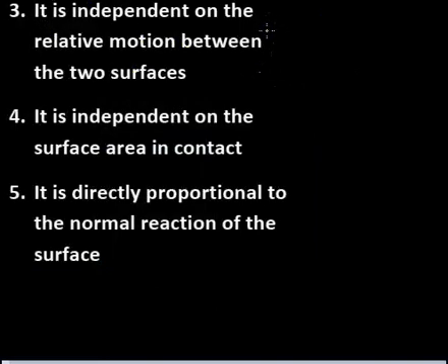Whether the motion of the two surfaces is faster or slower, the frictional force is independent of it. Please take note of the dependent and independent.